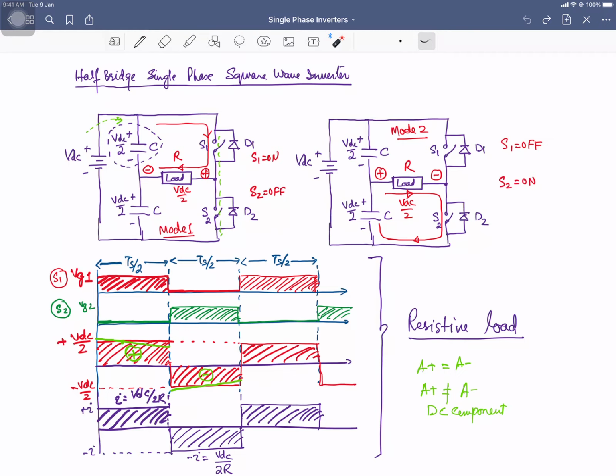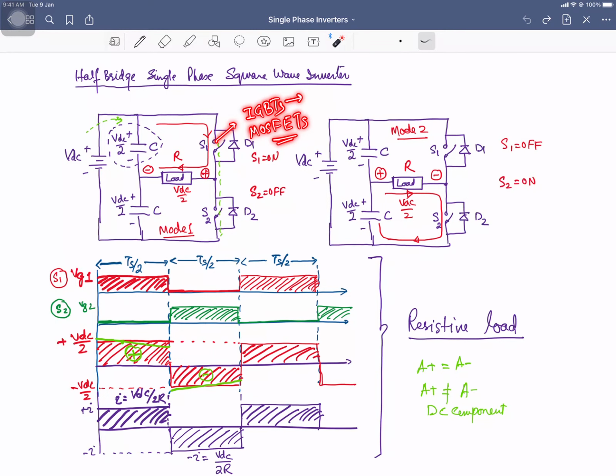So, in the half bridge inverter, we have a DC source, and that DC source is separated into two equal voltage levels with the help of these capacitors. Two switches are used. These switches may be the IGBTs or the MOSFETs.